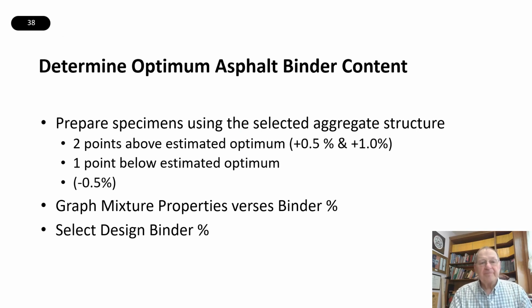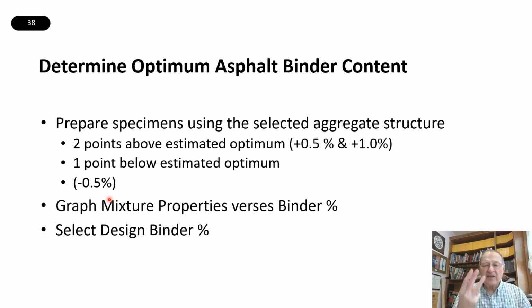Our next step is to determine the optimum asphalt content, and this will be the asphalt content at 5% air void. So we're going to take the trial blend, the gradation that we have, and whatever asphalt content we estimated to be the optimum, we're going to do a blend mix that's got 0.5% more asphalt binder, 1% more, and 0.5% less, 1 point that's below our estimated optimum.